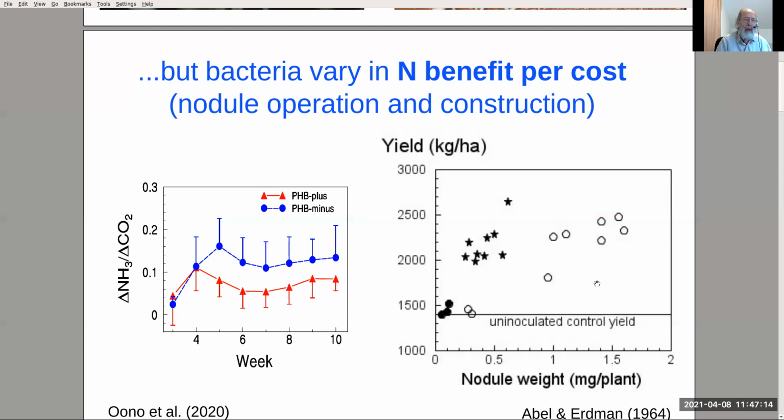And then the ones we worry about are ones like this that have a high cost, but a relatively low benefit. And so the question is, how good are different soybean varieties at either picking which rhizobia, which of these bacteria, they pull out of the soil in the first place, or preferentially supporting the ones that provide the greatest net benefit.